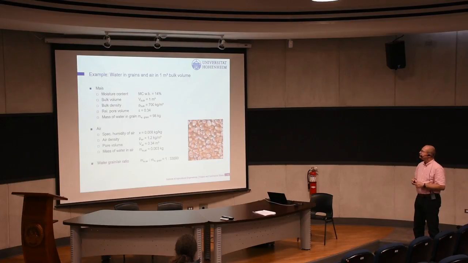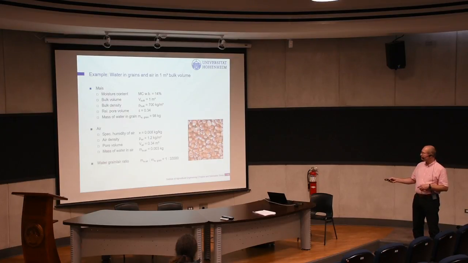Okay. What about the air in the pore volume? So we have here a specific humidity of air of 8 gram per kilogram in my example. You have more here, you have 14. An air density of 1.2 kilogram per cubic meter. The same pore volume of air, of course. And then we have here a mass of water of 0.003 kilogram in this air.